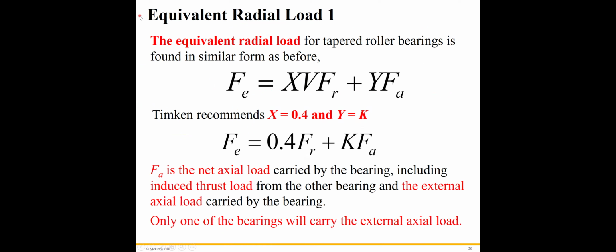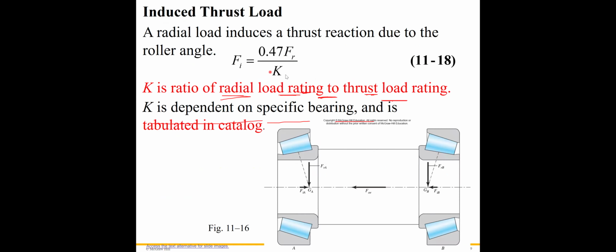So the equilibrium radial load for the taper roller bearing is found similarly as before. We have the equilibrium force equal to the X and Y vector, and V is the rotation vector. FR is the radial load, and FA is the axial load. For Timken, the company recommends X equals 0.4 and Y equals K. K is tabulated in the catalog.